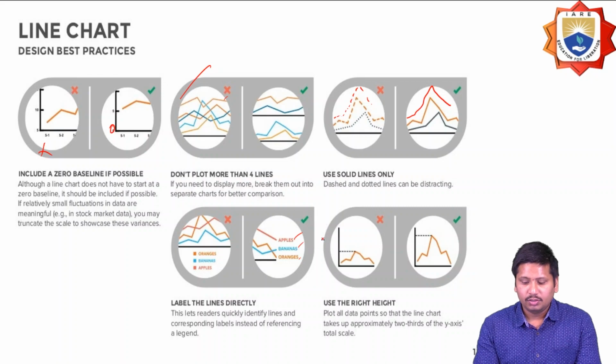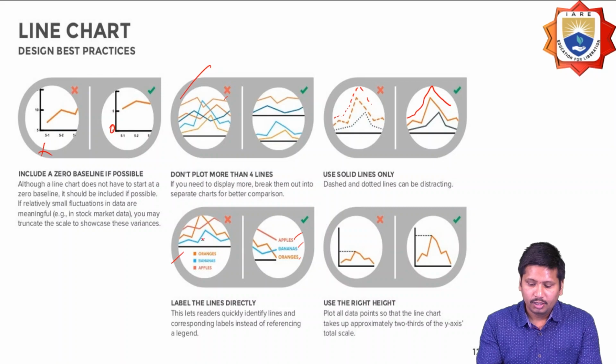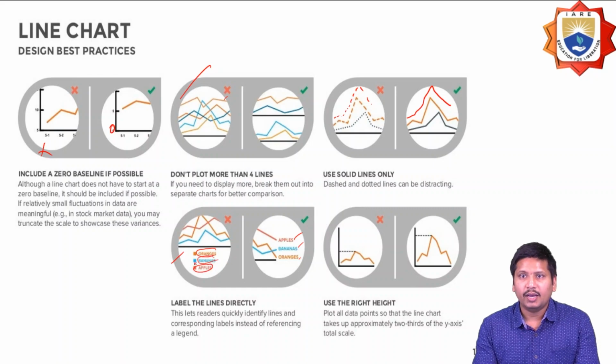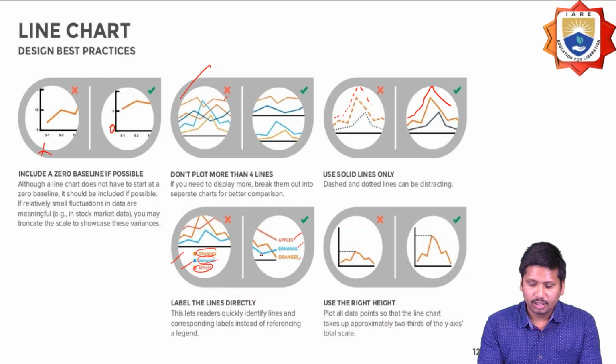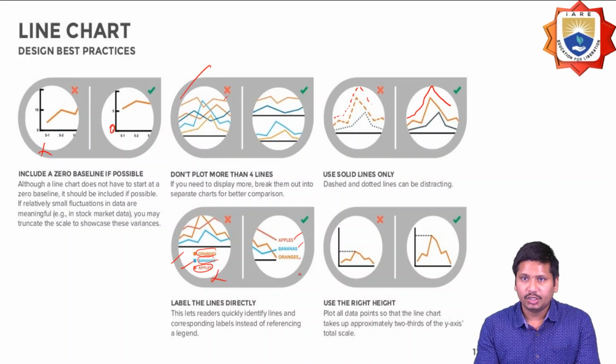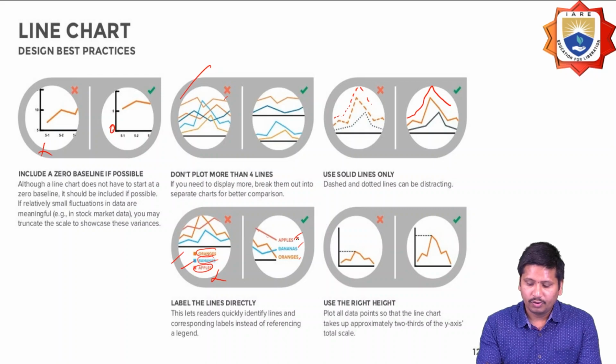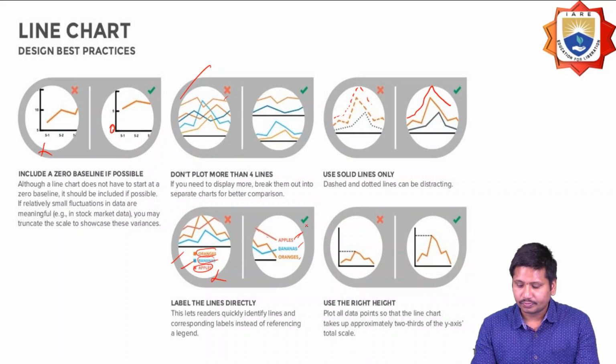What I'm going to do is label the lines separately. Here I'm mentioning oranges through a red line, bananas through a blue line, and apples through a pink line. This is not a good way of labeling a line chart. So what this line is meant for, we have to mention here.